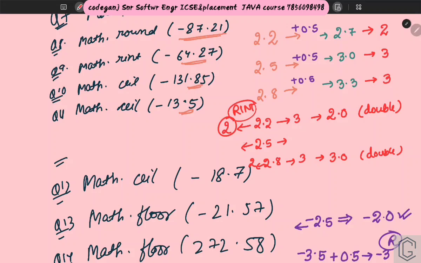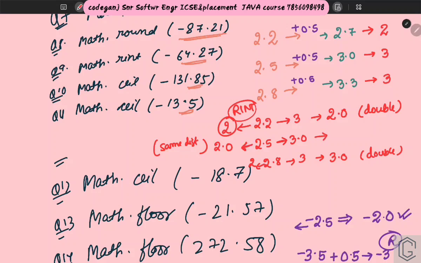Now when it is 2.5, I told you your name is rint and you have to go to the nearest integer. So for 2.5, it is at the same distance to both 2 and 3. Now you are confused which side to go. So Java will also get confused, so you will have to create another rule for Java.